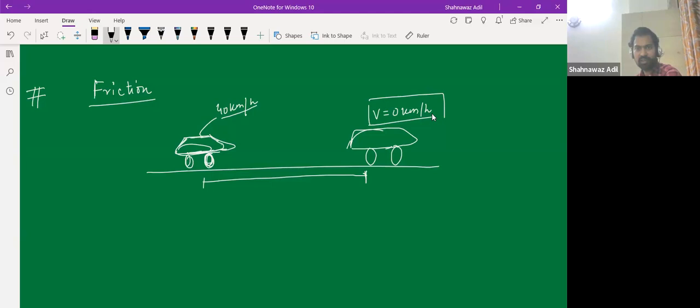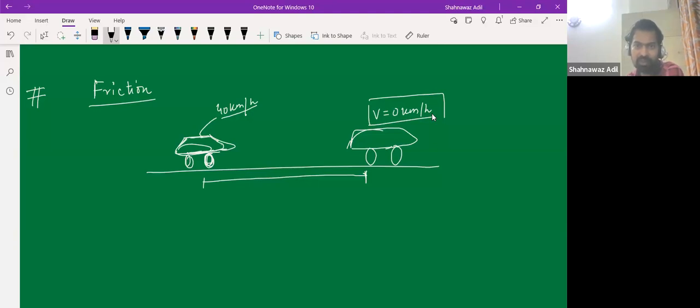But the law of inertia says that whatever the speed is, it will remain the same if there is no external force acting on the object.